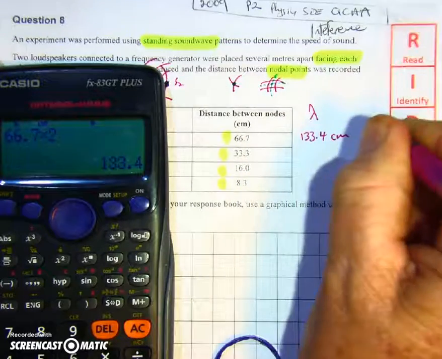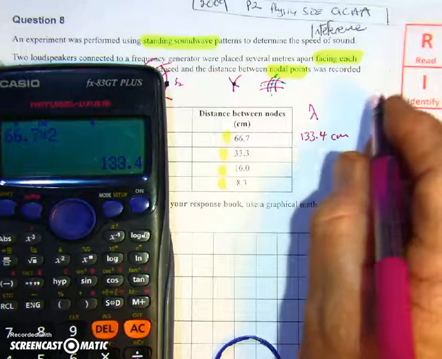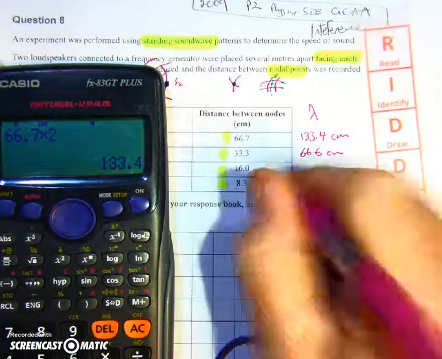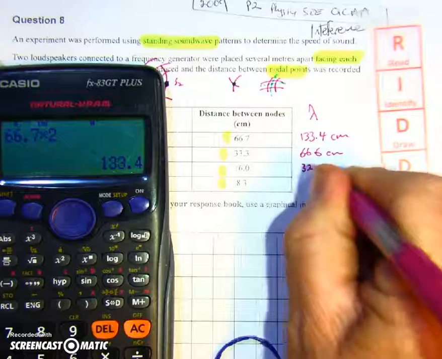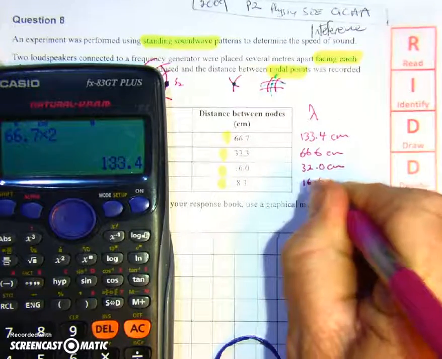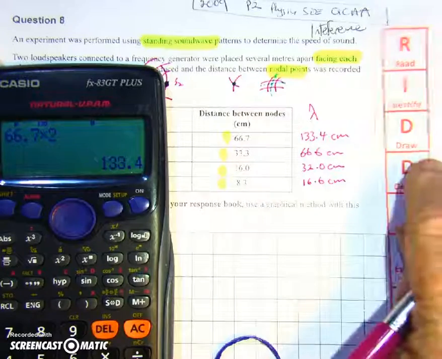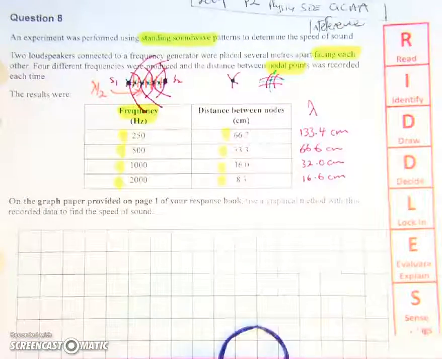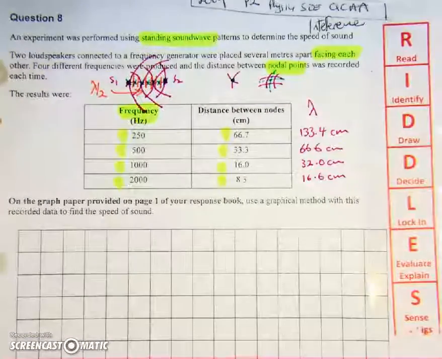Now that'll be centimetres. Double 33.3, 66.6 centimetres. 16 will be 32.0 centimetres, and 8.3 will be 16.6 centimetres. So I'm able to do the calculation to work out what the wavelengths are.